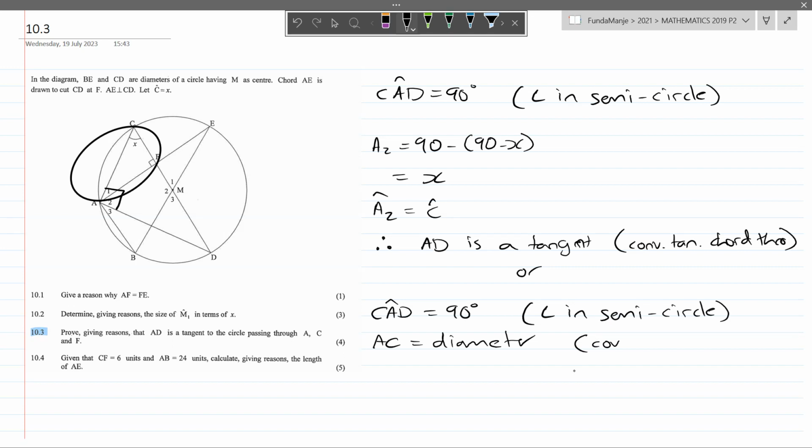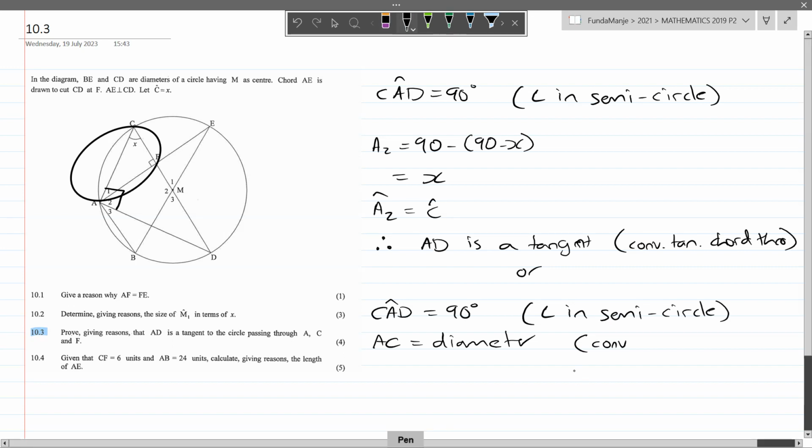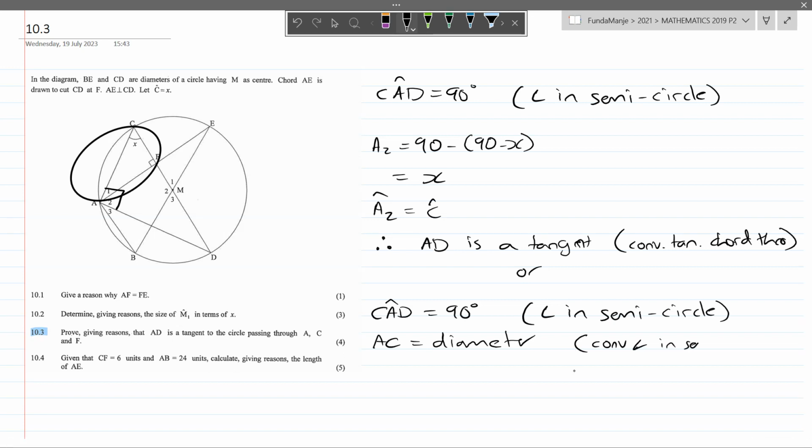So it's the converse of angle in semicircle. So when you say converse, we're just saying that what we usually are trying to prove is what we're using to prove the other. So usually a diameter proves that this is 90 degrees, but in this case we're using 90 degrees to prove that this is a diameter.